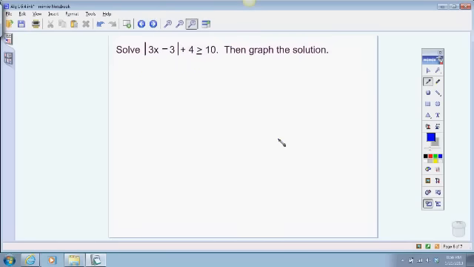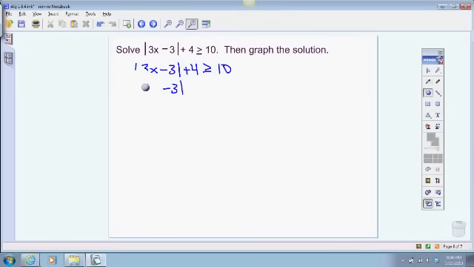Let's look at another example. This one says solve the absolute value of 3x minus 3 plus 4 is greater than or equal to 10, and then we'll worry about graphing it. So let's start with our inequality. Remember, just like solving equations, we want to get rid of whatever's outside the absolute value symbol.